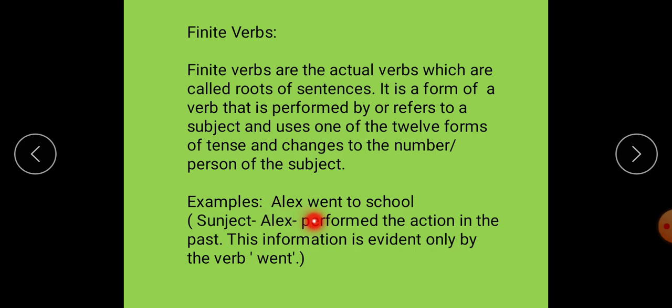For example, Alex went to school. Here the verb second form is used. Subject Alex performed the action in the past tense, went. This information is evident only by the verb went.